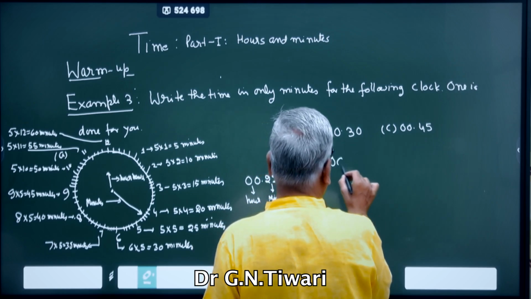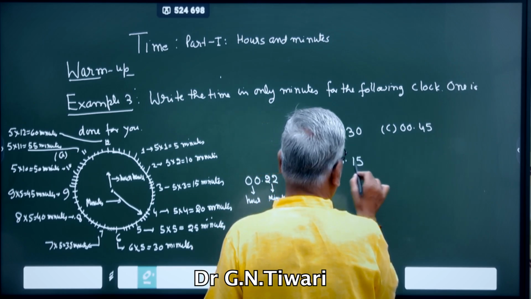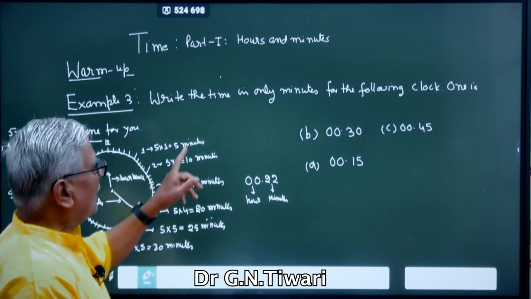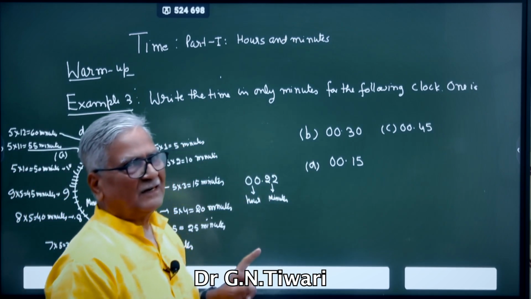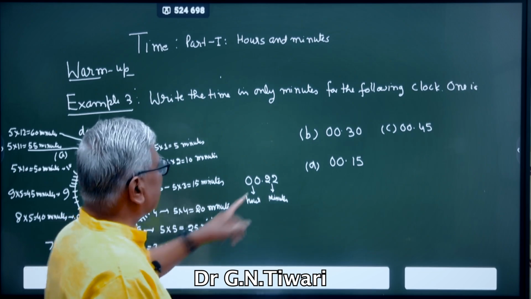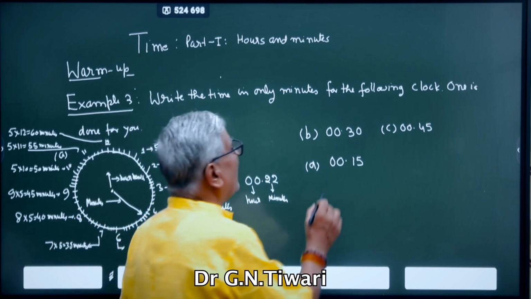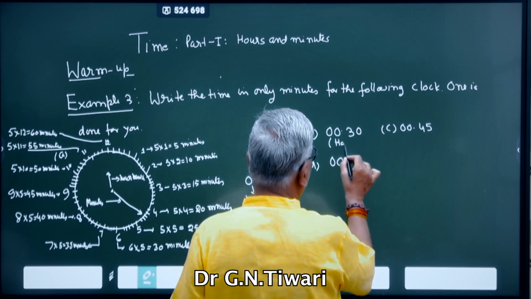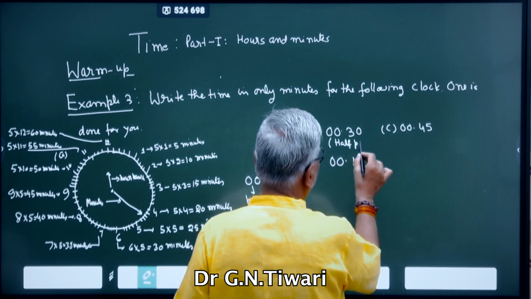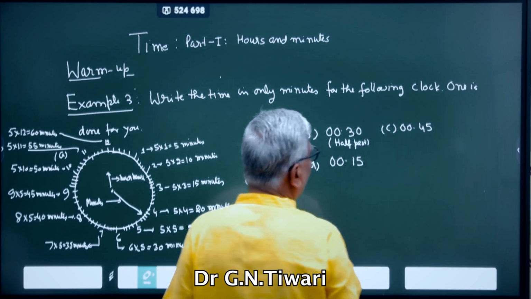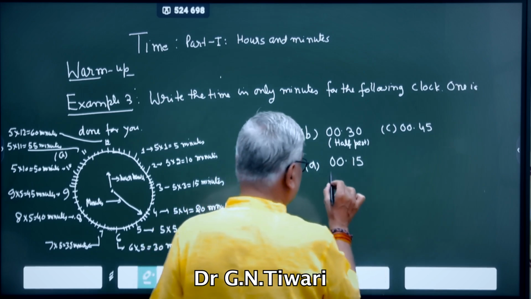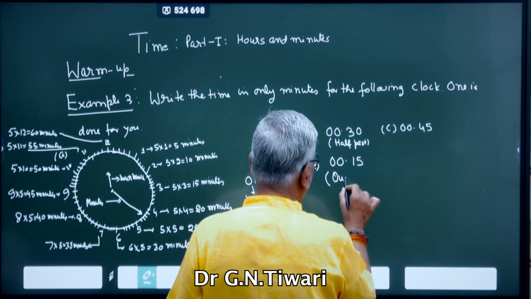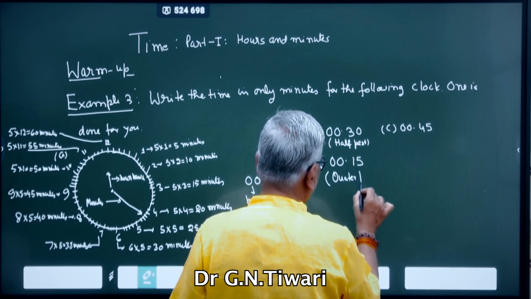0, 0, 15. Why I have said, ध्यान सुनिएगा जो है, when the larger hand is at 30, it is called half past. If it is 15, it is called quarter past.